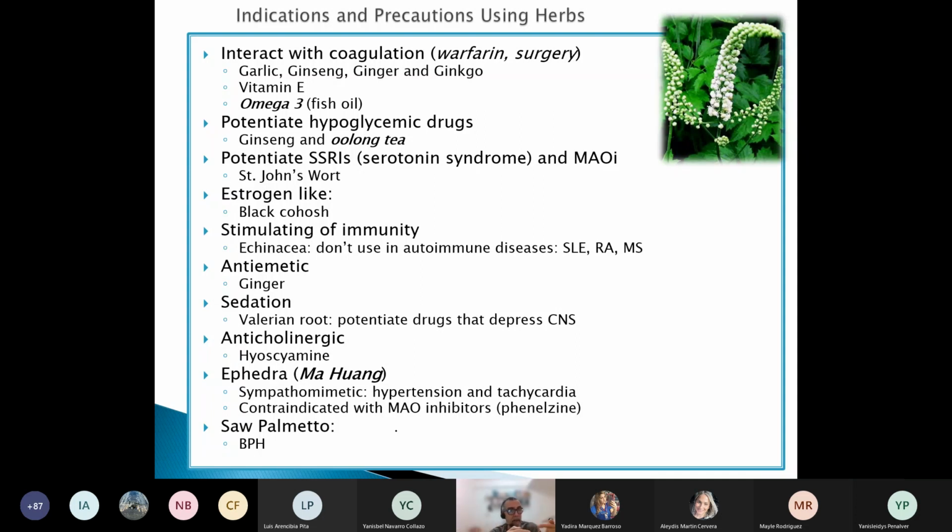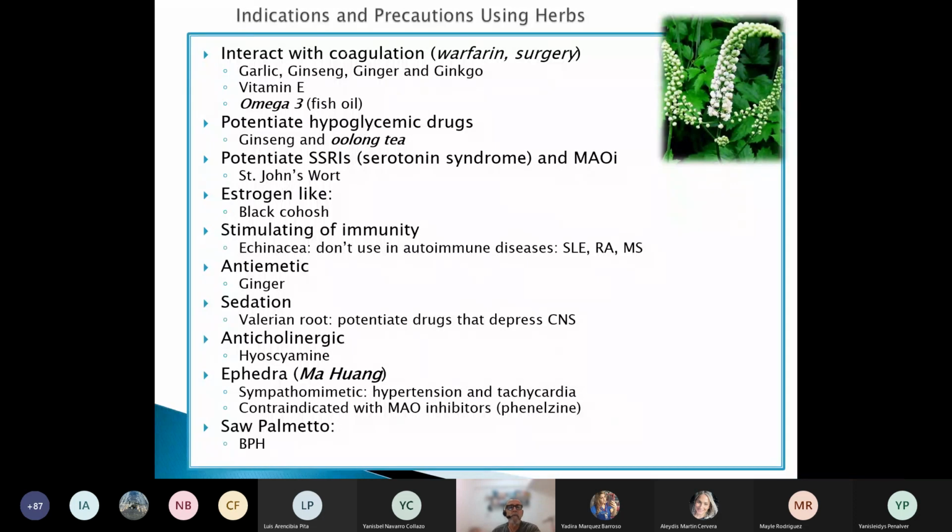But if the herbal, considered a weak acting substance, is added to the action or interacts with the prescription medication, then it can become an issue. So the most common, probably you remember that from pharmacology and fundamentals: medication that interacts with the coagulation.